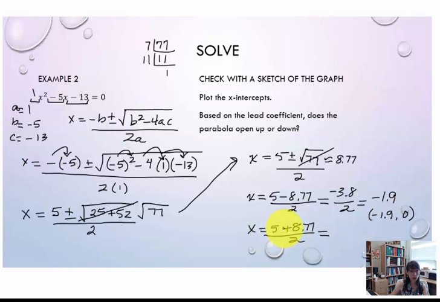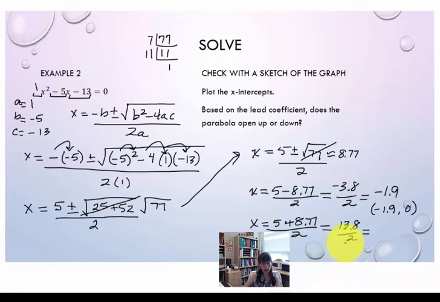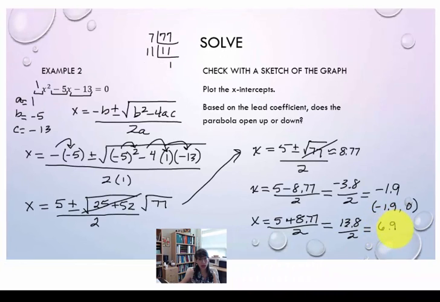For the other solution, when I add 5 plus 8.77, I'm going to have 13.8 divided by 2, and that's a positive number divided by a positive number, and that leaves 6.9. So the ordered pair, 6.9 comma 0, is the 0 of the function or the x-intercept.